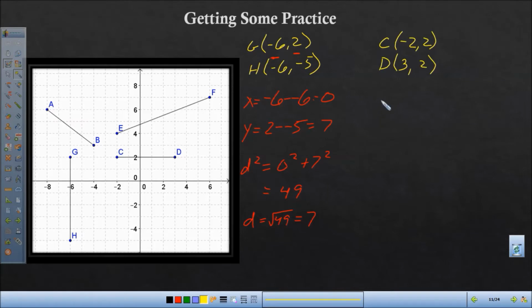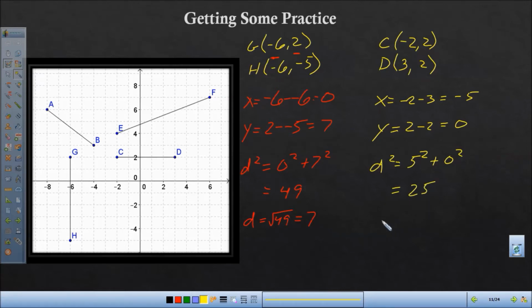So our x component is negative 2 minus 3, which is negative 5, positive 5. Y is equal to 2 minus 2, which is 0. So now D squared is equal to negative 5 squared plus 0 squared. That's 25 plus 0. So D is equal to the square root of 25, which is 5.